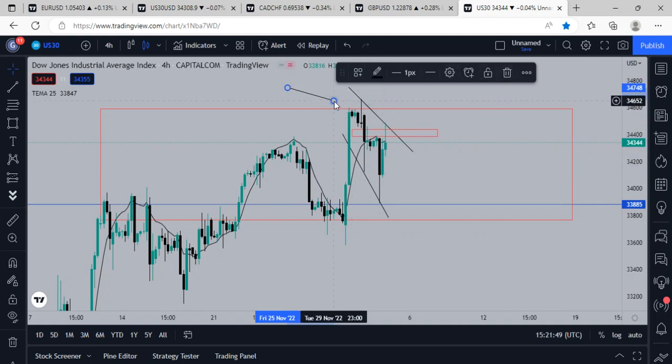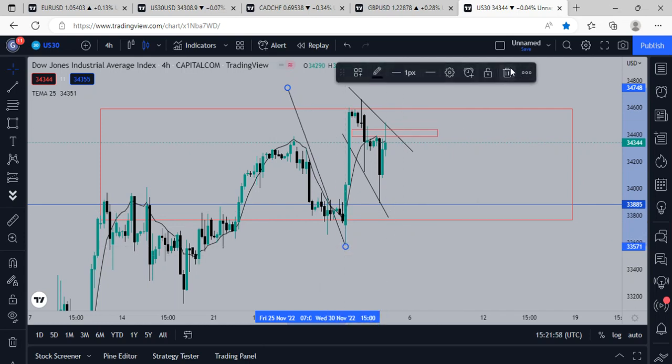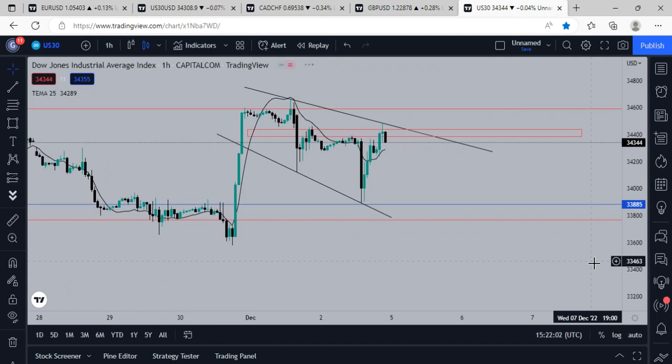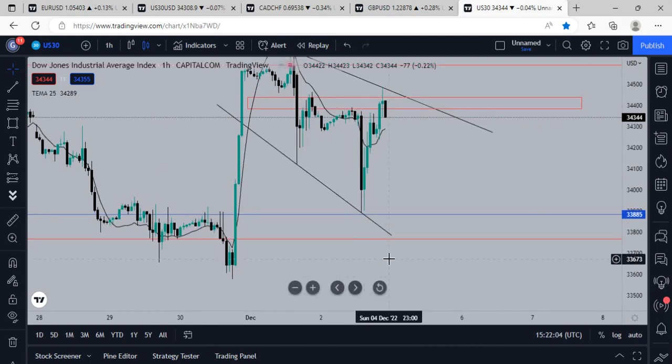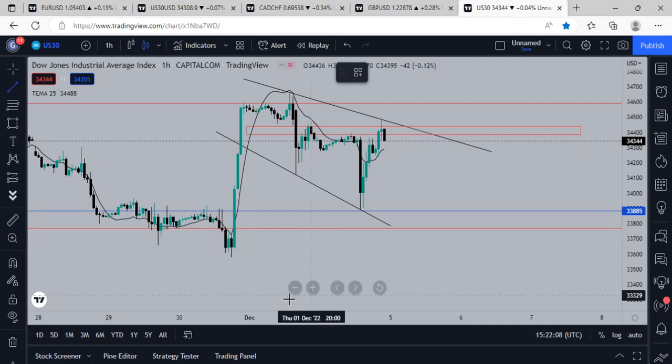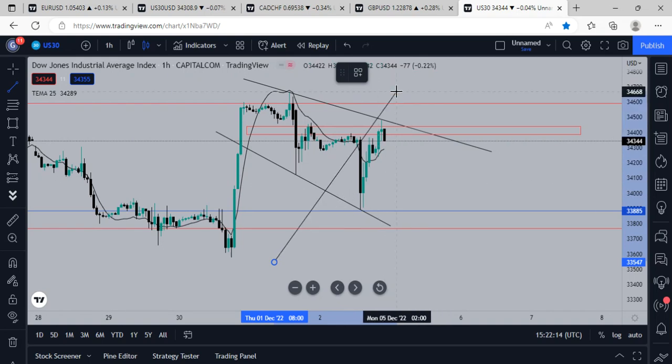And if I'm to start selling US30 overall, I expect price to take out this major higher low, retest, and that will be the break of structure, and you continue selling. But otherwise, I will be looking for short-term sells and long-term buys because I'm still in a buying trend for US30. I expect US30 to break this trend line, break out of this box, and we'll continue looking for buying positions.